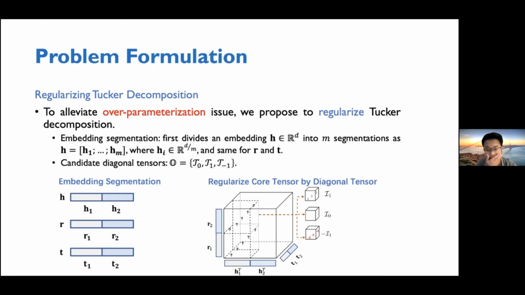We define three diagonal tensors, I1, I0, I-1. For example, in this area, if we select I1, we think r2 has a positive correlation with h1 and t1. If we select I-1 for this area, we think r1 has a negative correlation with h1 and t1.